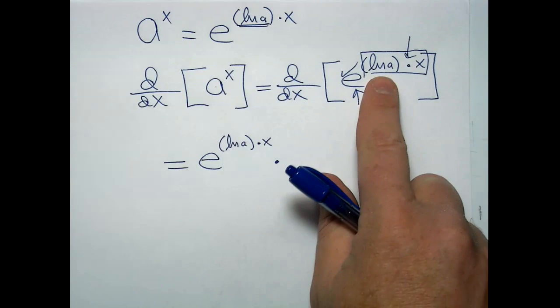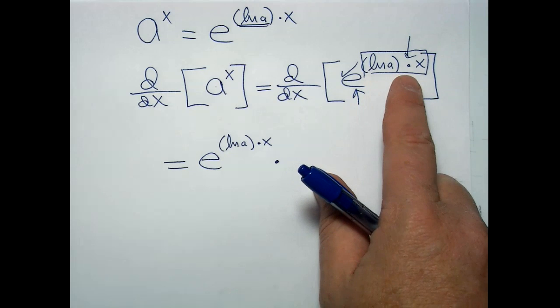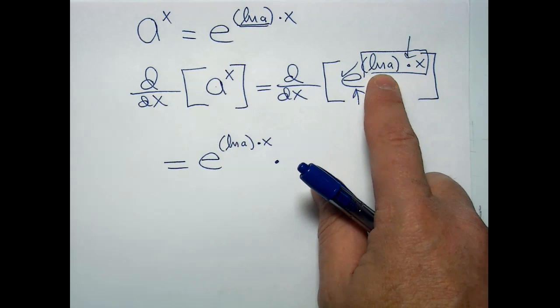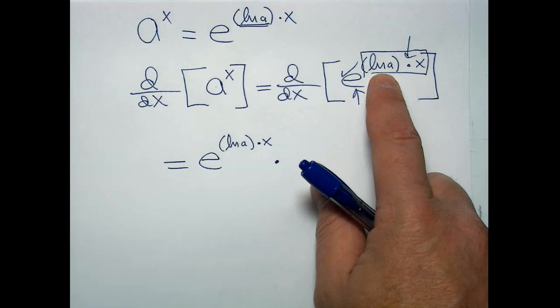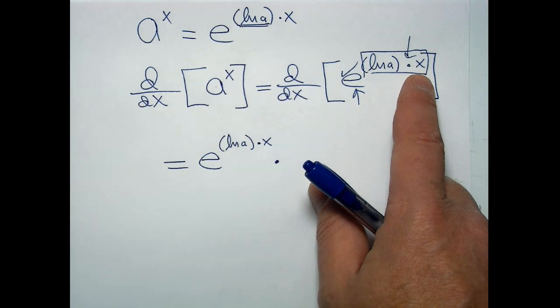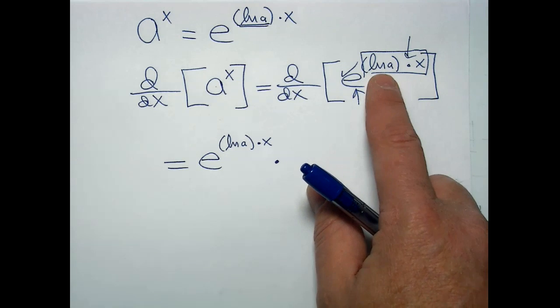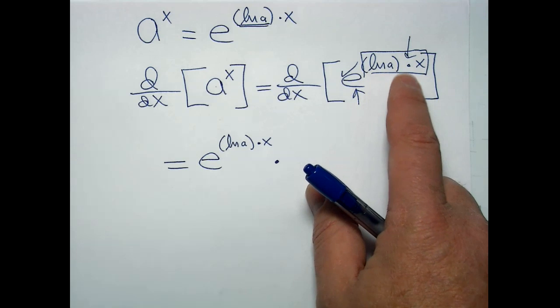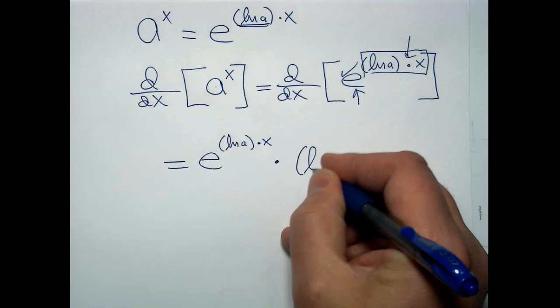Because the ln of a is just a number. So if a were equal to 2, for example, the ln of 2 is 0.693, and what would happen over here is this would say 0.693 times x. ln of a is a constant multiple, like 5. So what's the derivative of 5x? Just 5. What's the derivative of ln of a times x? Just ln of a.